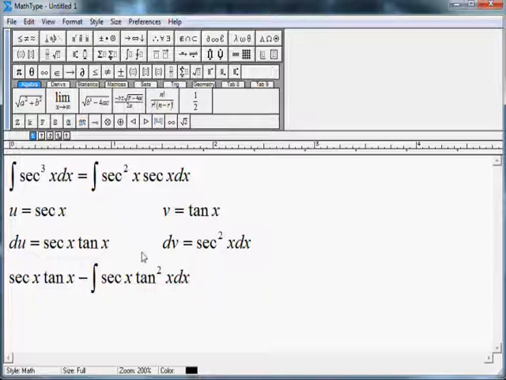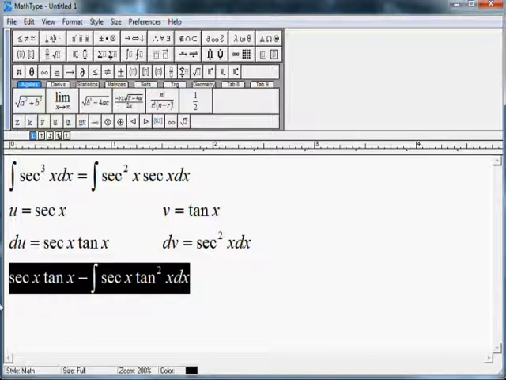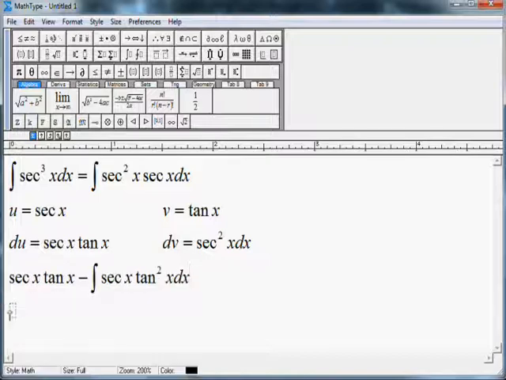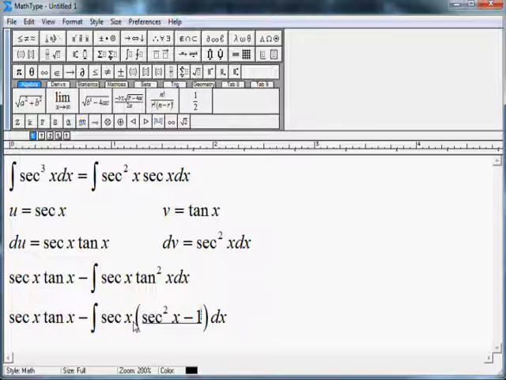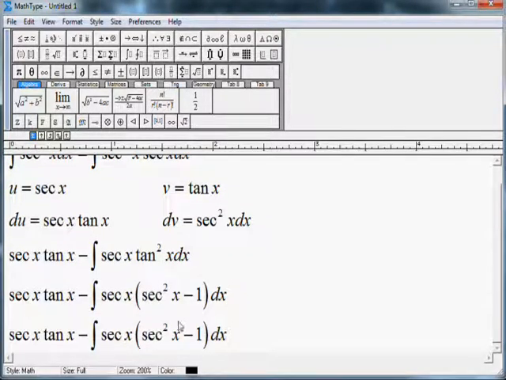Second step, now we replace tangent squared of x by secant squared of x minus 1 from the earlier identity, and make a new line here.